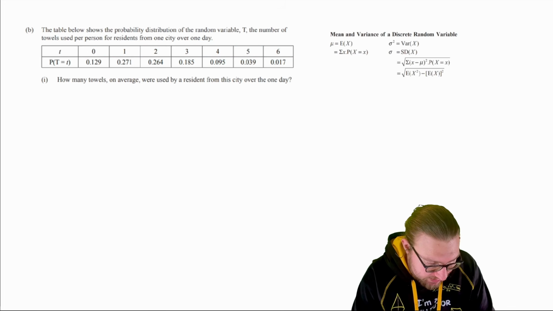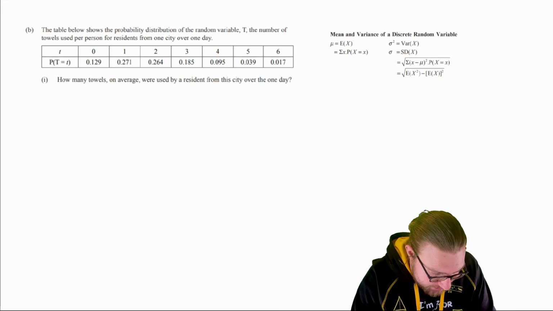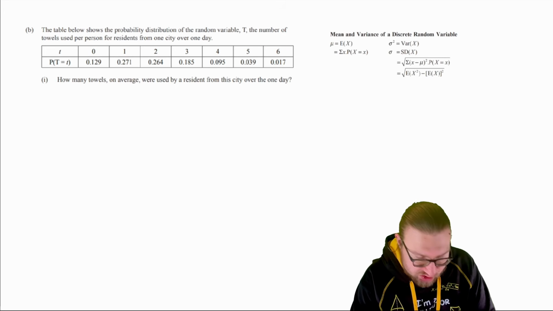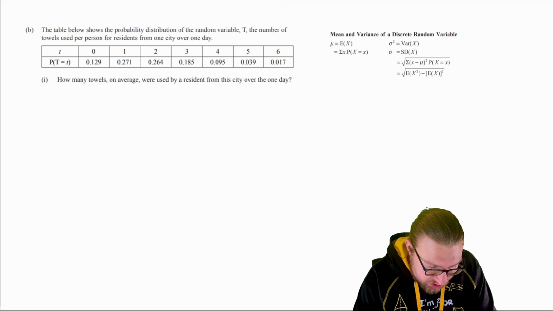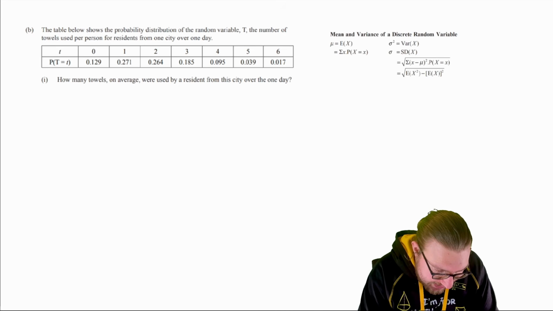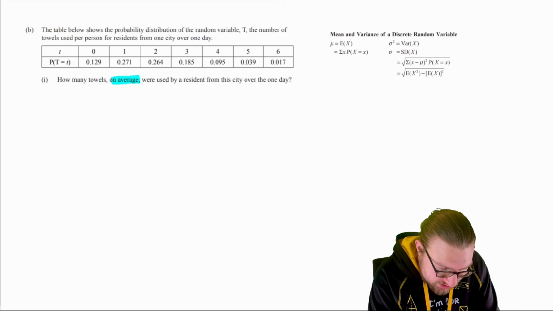Either no towel or 6 towels or anywhere between that for one day, and different probabilities for each. How many towels on average were used by a resident from this city over the one day? Okay, so it's asking us for the average. We have a probability distribution and you guys can have a look on the side.